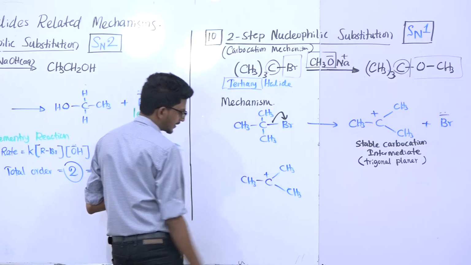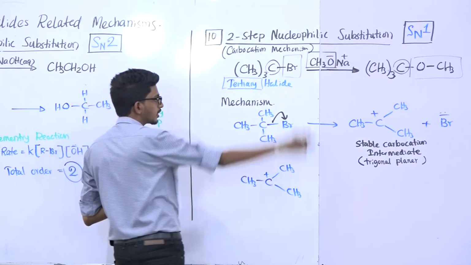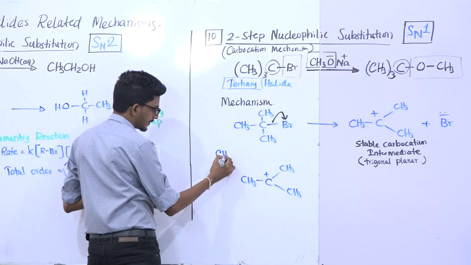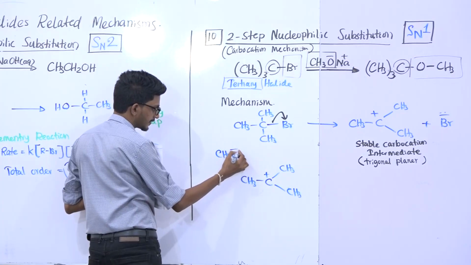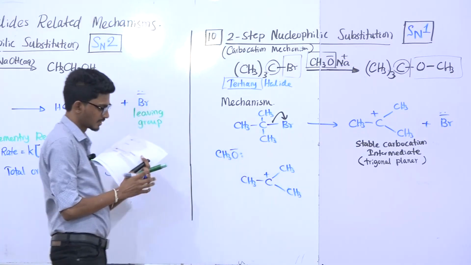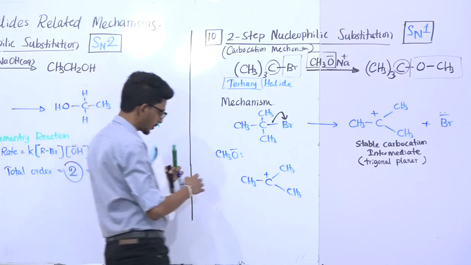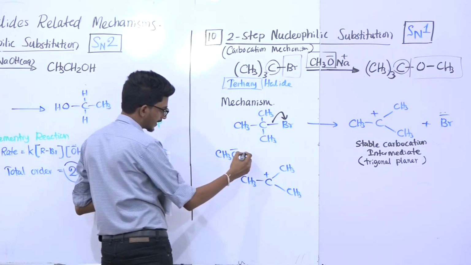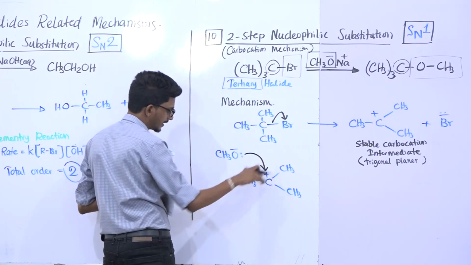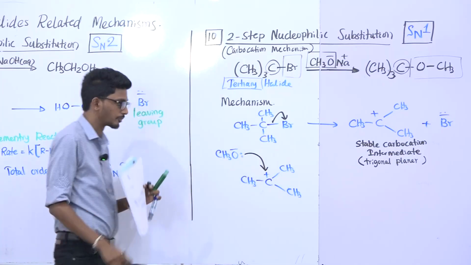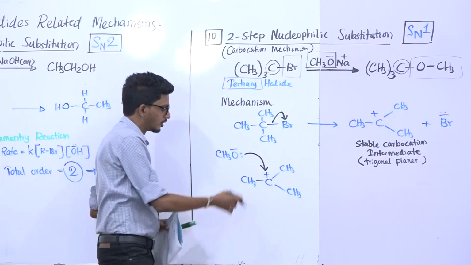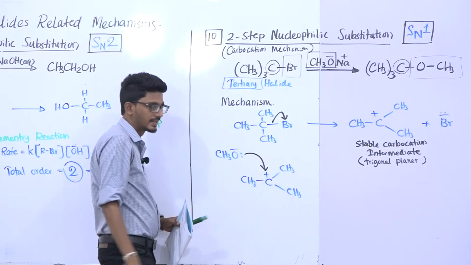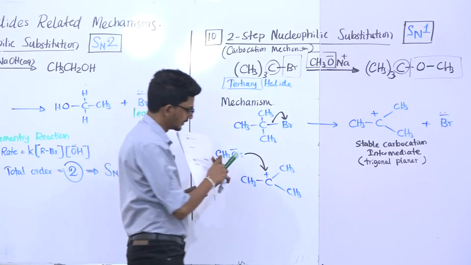So to that carbocation, your nucleophile, the CH3O minus, will attack. The attack can occur from the top of your plane or from the bottom of your plane. Two possibilities are there.